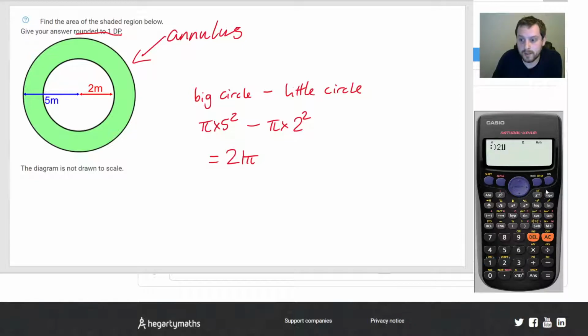So 21 pi is 66.0. Be very careful, because Hegarty Maths is very particular about making sure you've rounded correctly. Okay, so 66.0 meters squared, because it was an area.